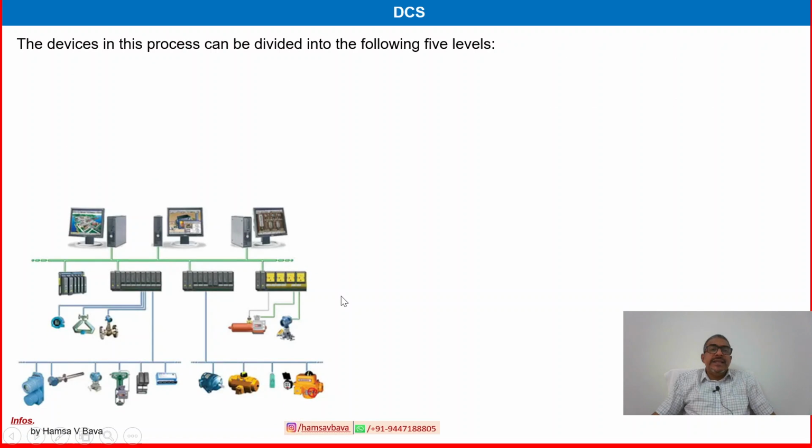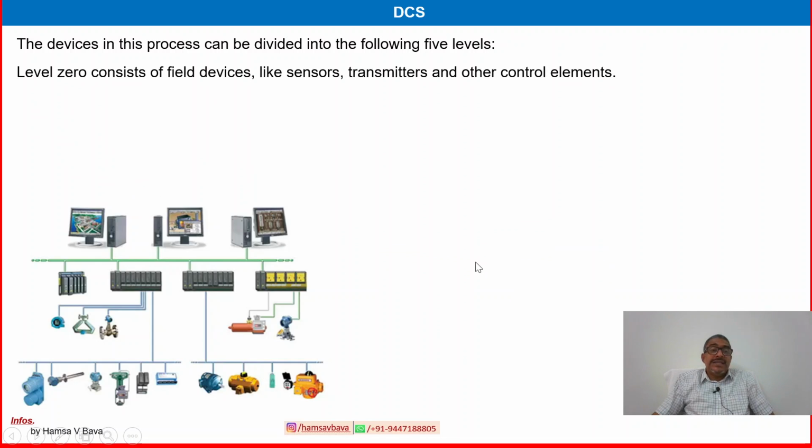The devices in this process can be divided into the following 5 levels. Various levels of operation we can summarize. Level 0 consists of field devices like sensors, transmitters and other control elements in this area, the field area. Level 1 is the IO modules and processors in this area.